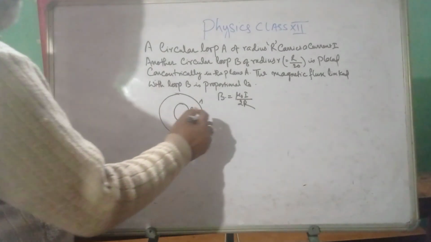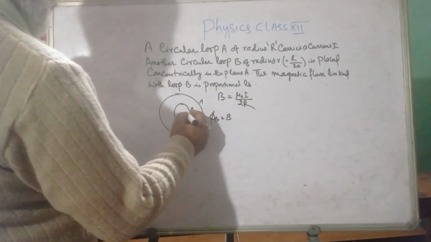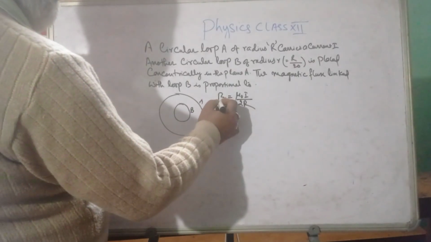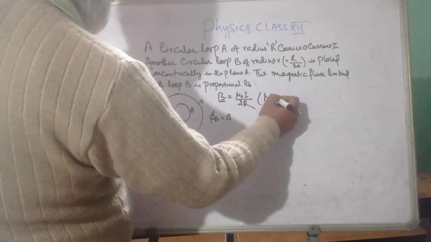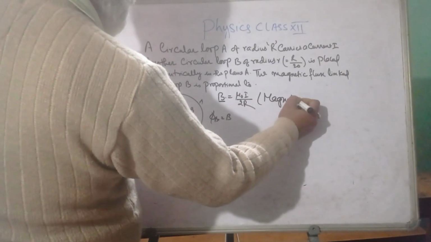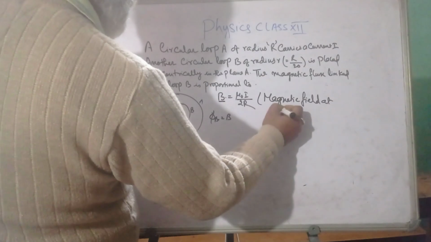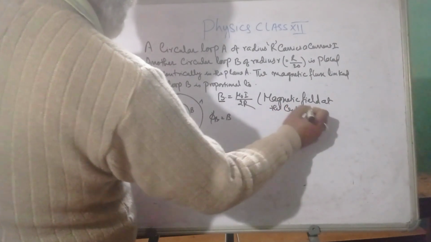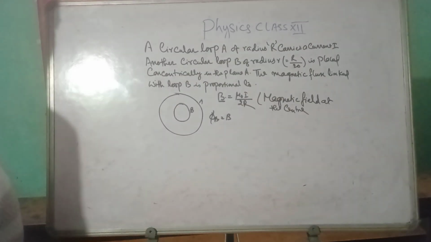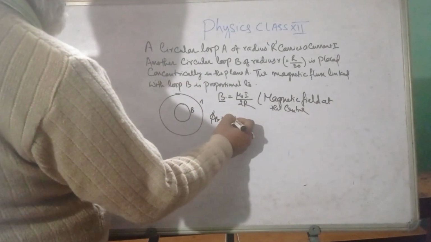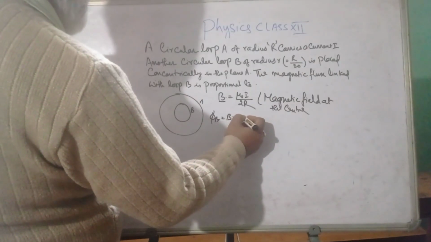And the flux linked with B, phi B, will be this magnetic field at the center into the area of this loop, that will be pi r square.